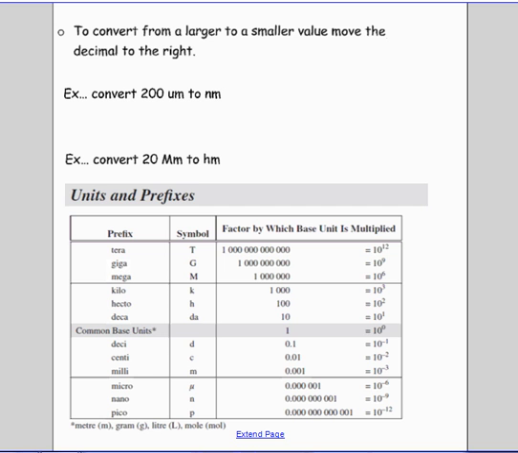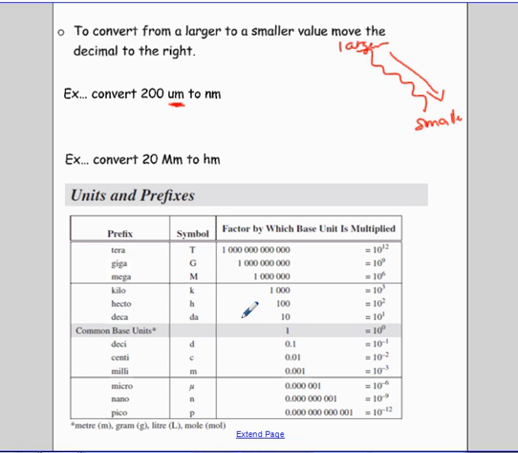If we take a look at a couple examples, first converting from larger to smaller. From larger to smaller, we're going from the top of the stairs to the bottom, so we're moving our decimal to the right. Start by locating the unit that you're beginning with.